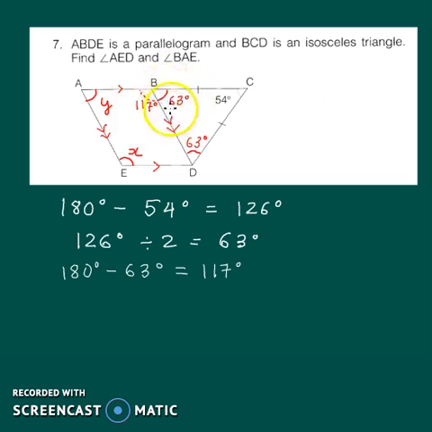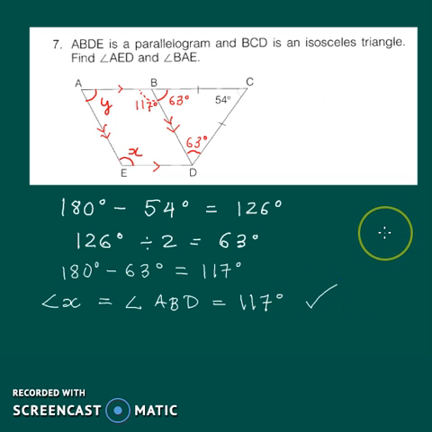So I know that angle ABD is actually the same as angle AED, which we called X. So we already have one of our answers. Angle X is equal to angle ABD, which is equal to 117 degrees. So we have part of our answer.